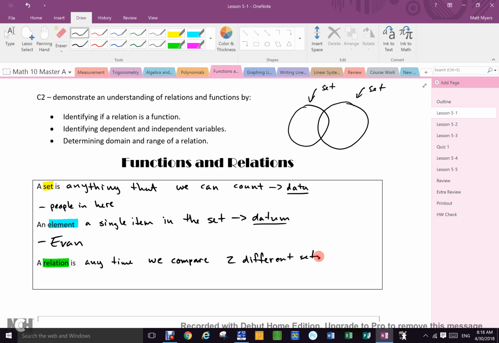In the room next to us, is there another set of people? Yes. It is also made up of elements. In that room, there are elements that relate to elements in this room. For example, in the room next door, there are students. In this room, there are students. In that room, there is a teacher. In this room, there is a teacher. I don't think there's an EA in the next room, which means Miss Lloyd could be in her own, very own set with no relation in the next set. Does everybody understand?